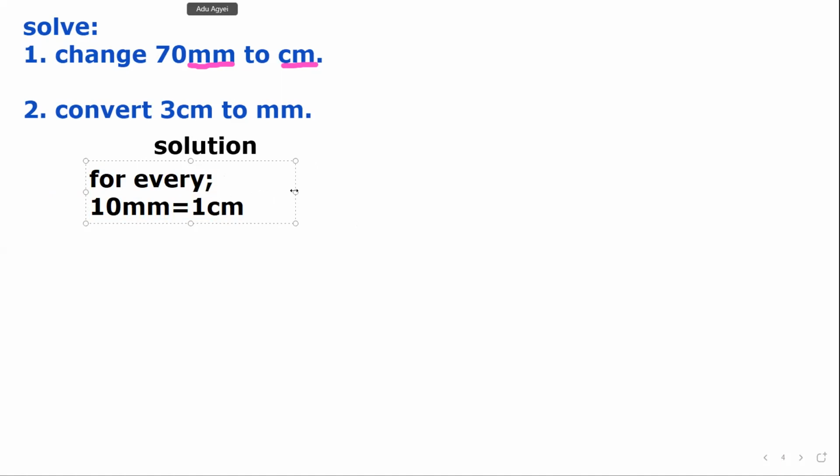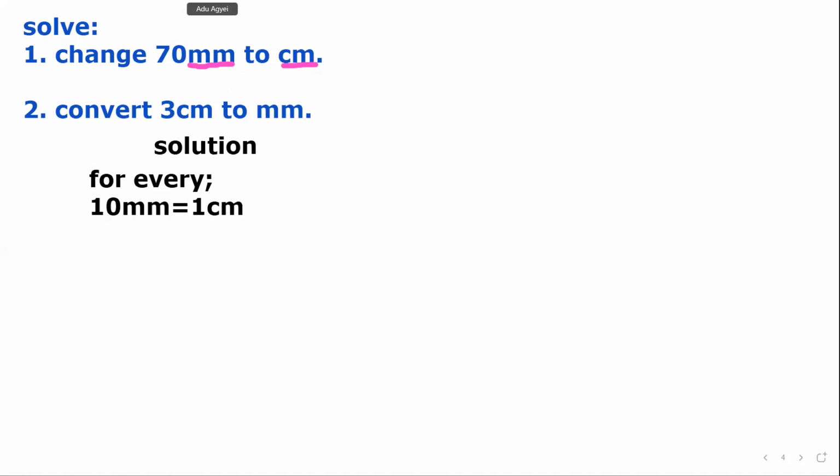Good. So once you have stated the difference between the millimeters and centimeters, then you record the 70 millimeters under the 10 millimeters. And then you choose any letter to also represent the centimeters that we don't know.